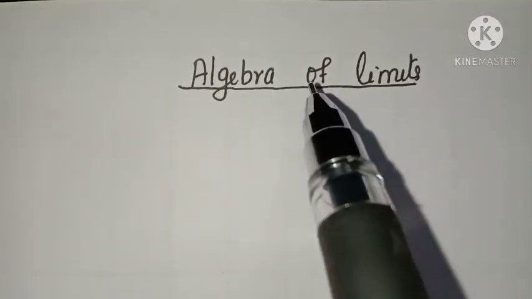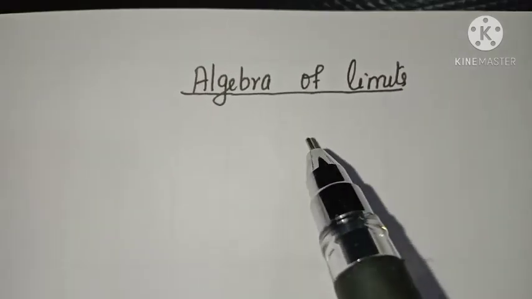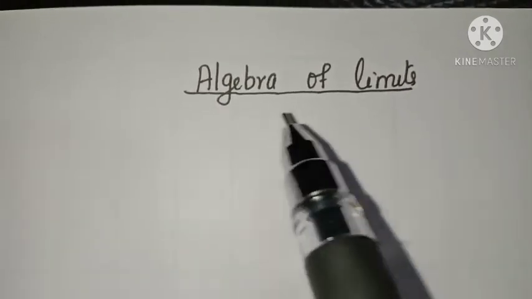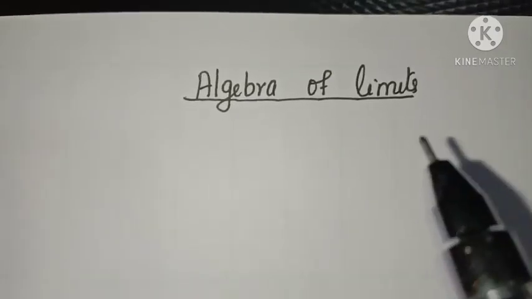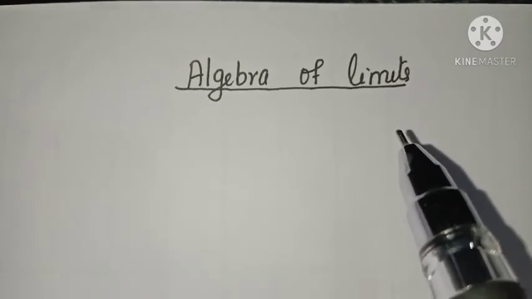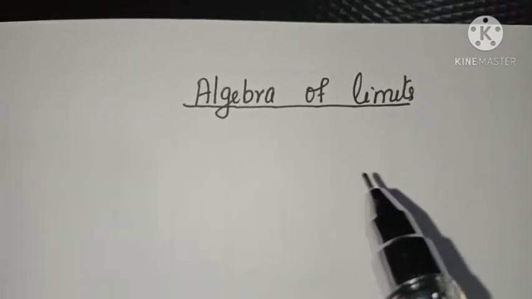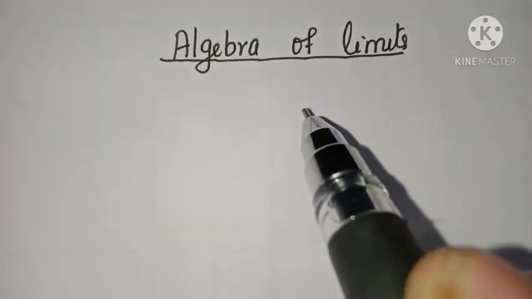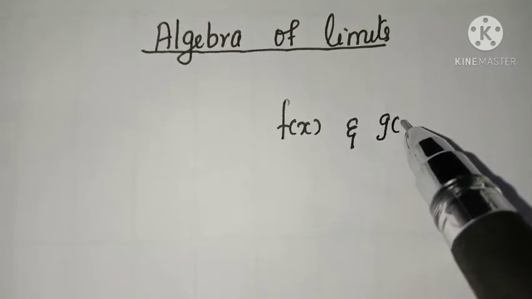Next topic is algebra of limits. Algebra of limits means we have to find addition, subtraction, multiplication and division of functions using the concept of limits. Suppose we have two functions f of x and g of x.